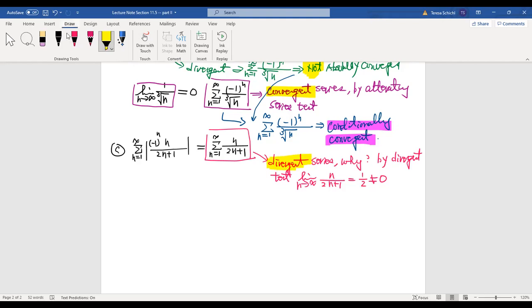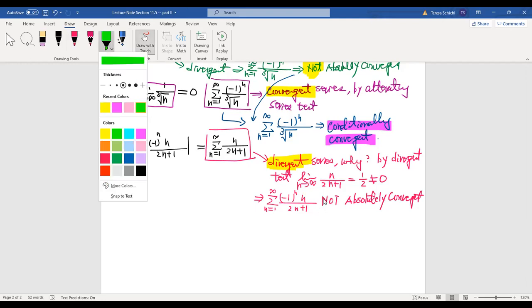So because this is divergent, we can conclude that the summation n from 1 to infinity of (-1)^n n over 2n plus 1 is not absolutely convergent.